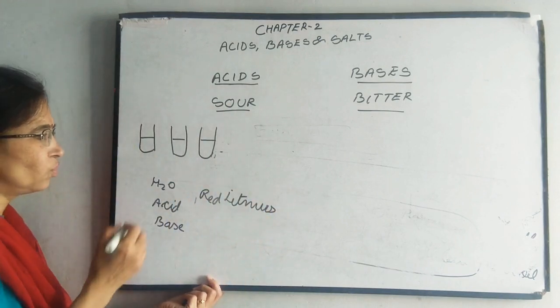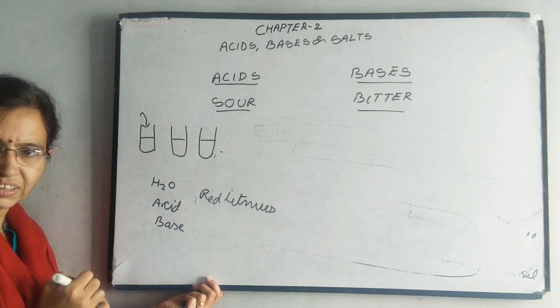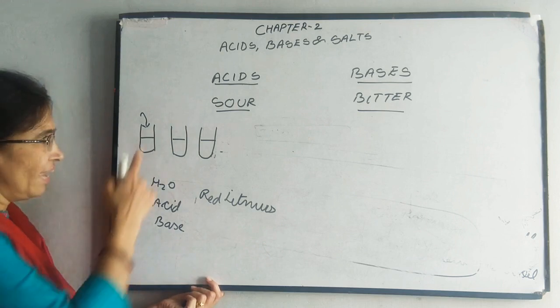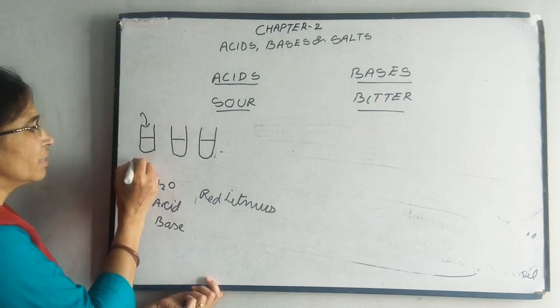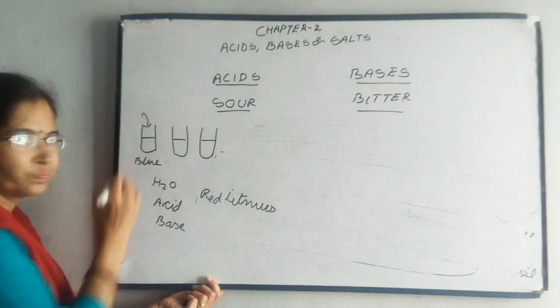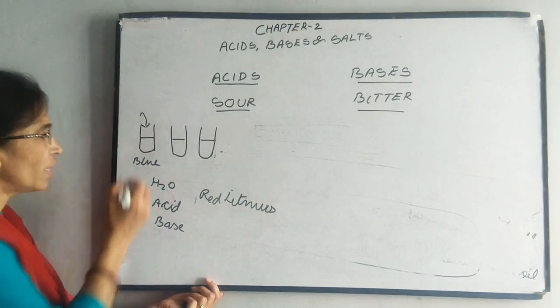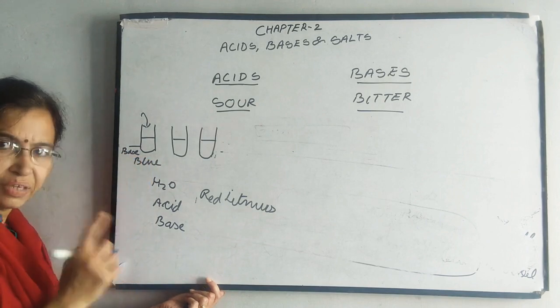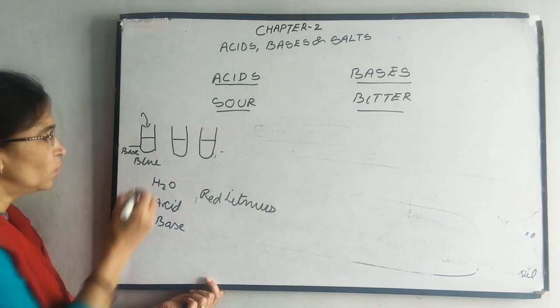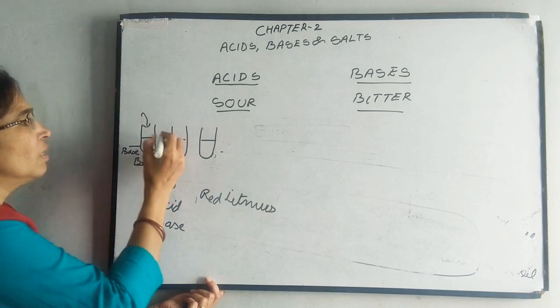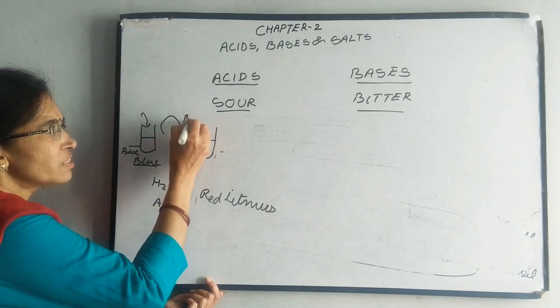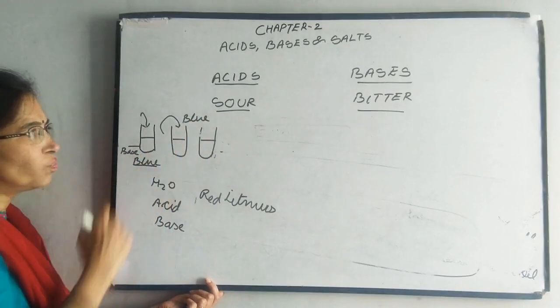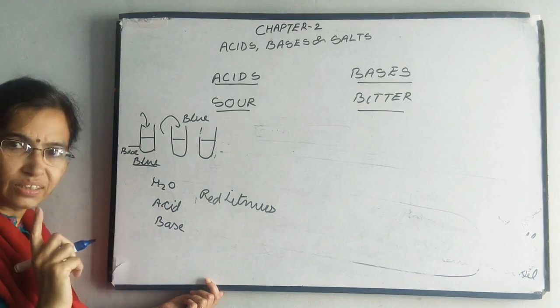First, we will put red litmus in these. As we put red litmus, one turns blue. Red litmus turning blue means it is a base. Now you have the blue solution. Now I put blue litmus into another. As I put blue litmus, there is no change in color.